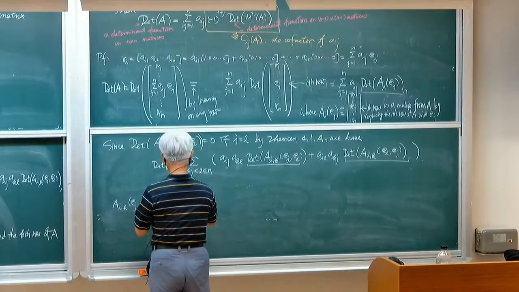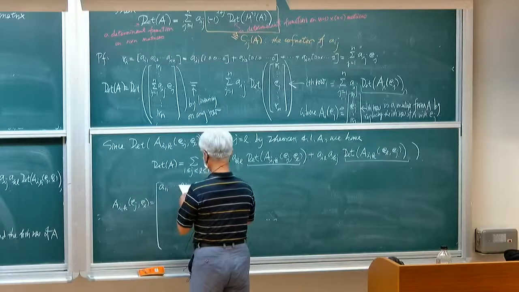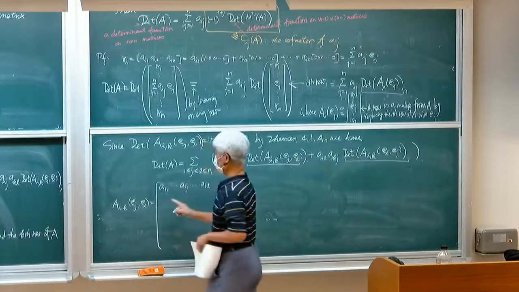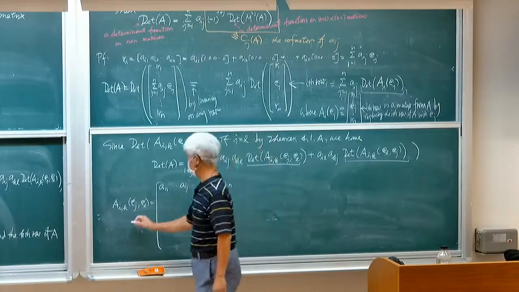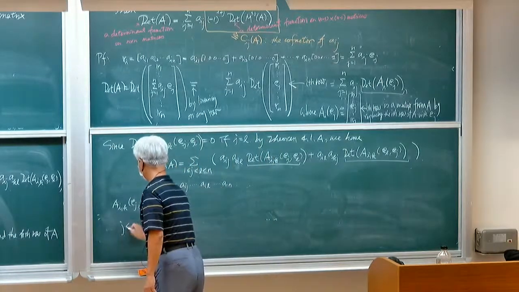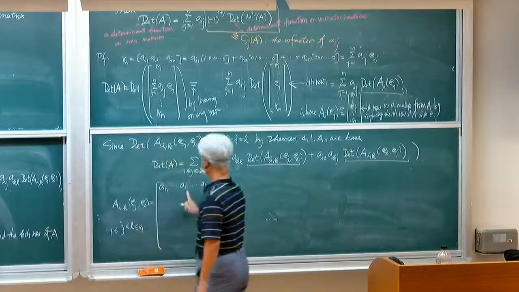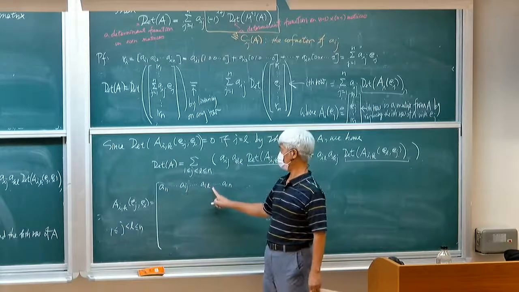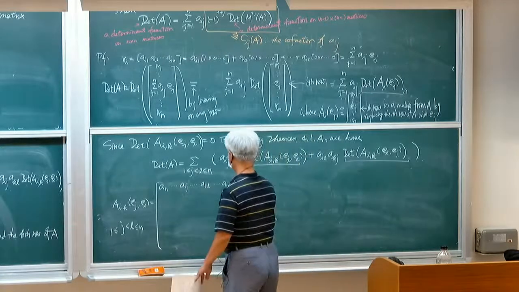And A1J, A1L, A1N. Here we assume J is less than L, right? So J appears first, then K, then L, I'm sorry, right?